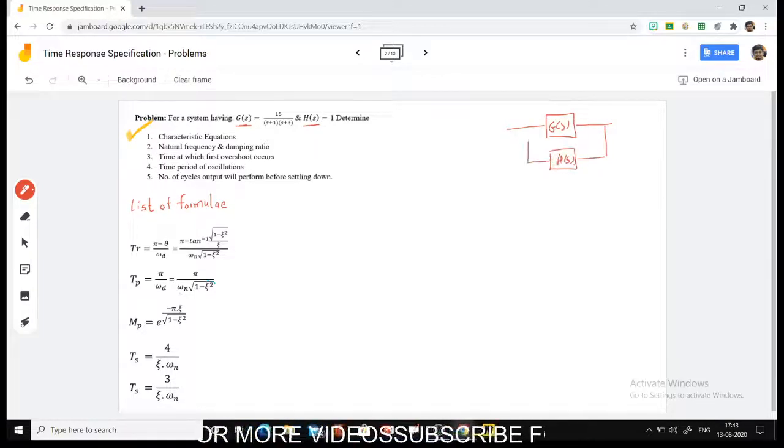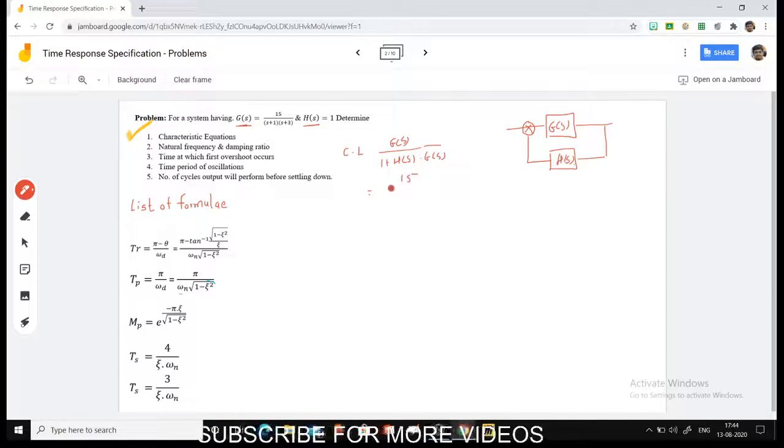Using a simple block diagram, you can convert this to form a closed loop transfer function, which can be given by G(s) upon 1 plus H(s) into G(s).